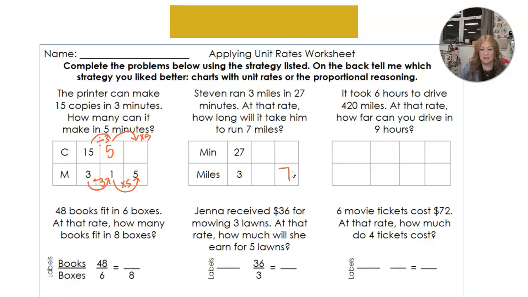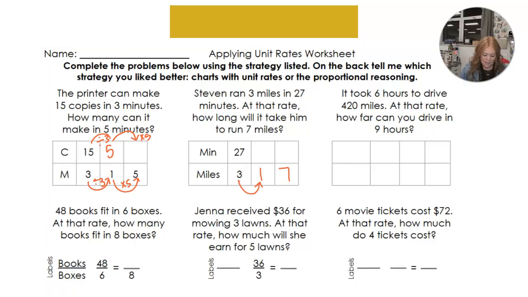We're trying to get to 7, but before we can get to 7, we need to know 1. So we're going to ask ourselves, how do we get from 3 to 1 here? And that is to, again, divide by 3. So we're going to take 27 and divide by 3. So 27 divided by 3 is 9.